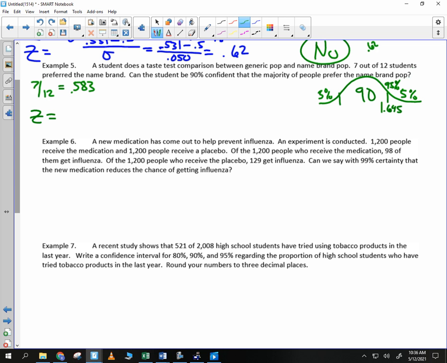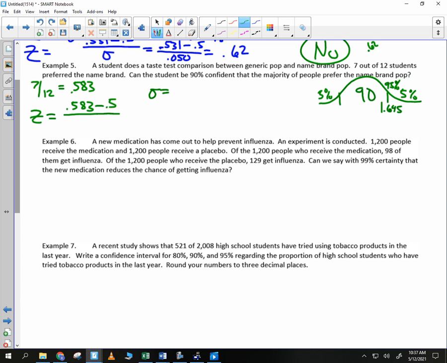You guys tell me, what do I plug in? 0.583 minus 0.5, because we would say 50%. Like if you just guess at random, 50% of the time you're going to guess the generic pop from the real pop, right? Or you could do a random number sampling and get that. Divided by sigma.